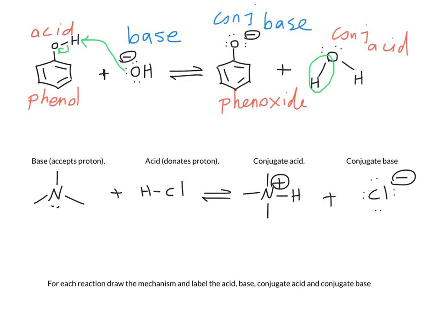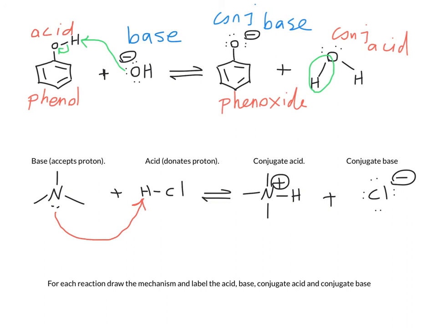Okay, for the second reaction, again, a lone pair, an electron pair of the base, will form a new bond. This arrow means that a new bond is forming between the lone pair of nitrogen and hydrogen of HCl.